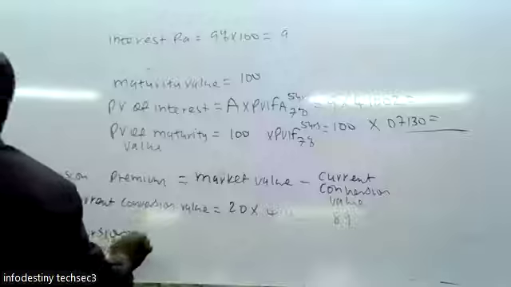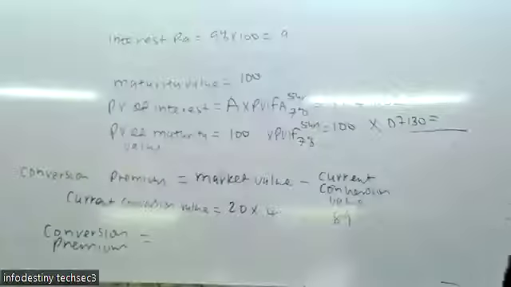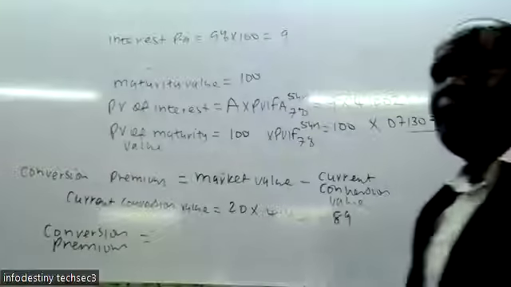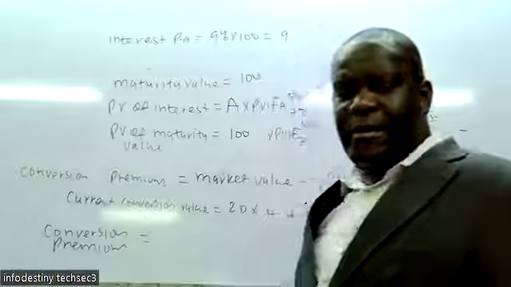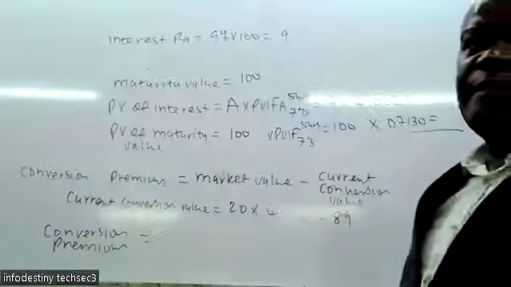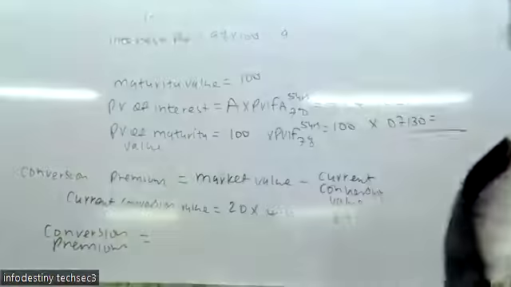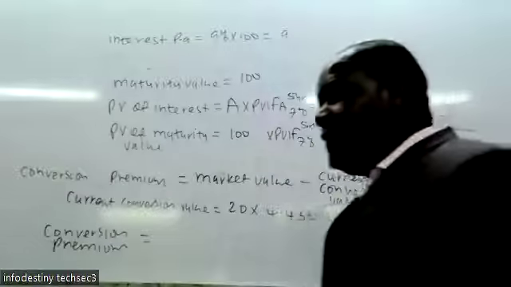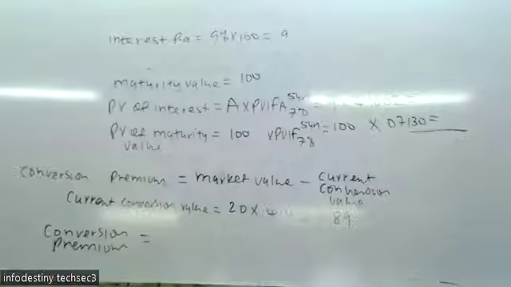So now to get the conversion premium, Roman letter 1, what was the market value? In Roman letter 1, we calculated the market value for the bond. But how much? We add the interest and the maturity value.